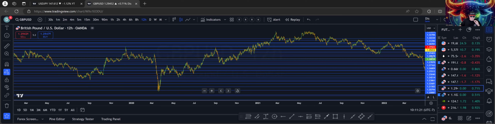Maybe you went through some psychological issue, not being patient enough for your entry. But still, if you cannot identify what the market is doing as a whole and when it's actually turning and when it's not right to turn, and you get caught, and there are traps throughout this entire market.